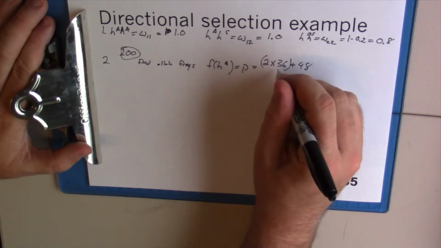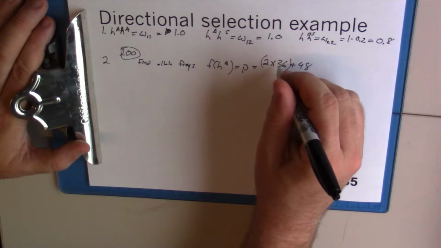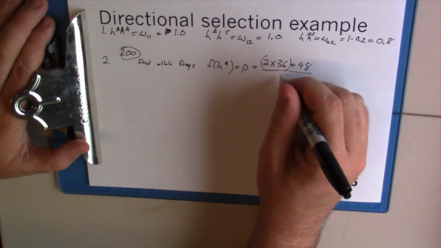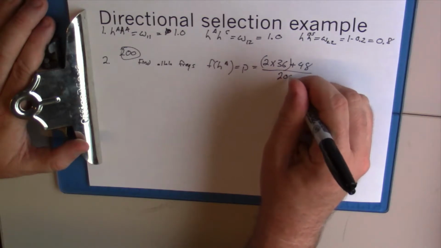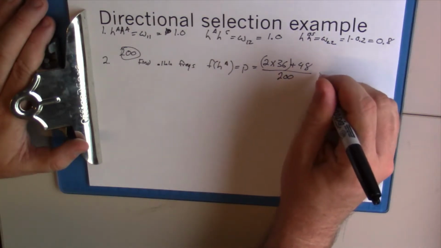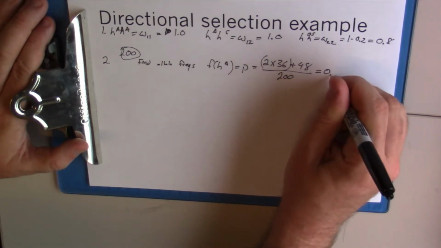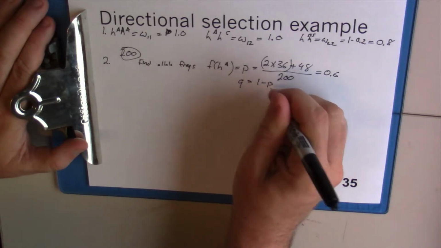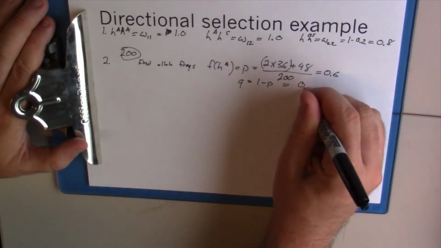So each of the homozygotes is donating 2 alleles. Each of the heterozygotes is donating 1 healthy HA allele, and that's out of a total of 200 alleles in the population. And that will give us 0.6. q is 1 minus p, or 0.4.